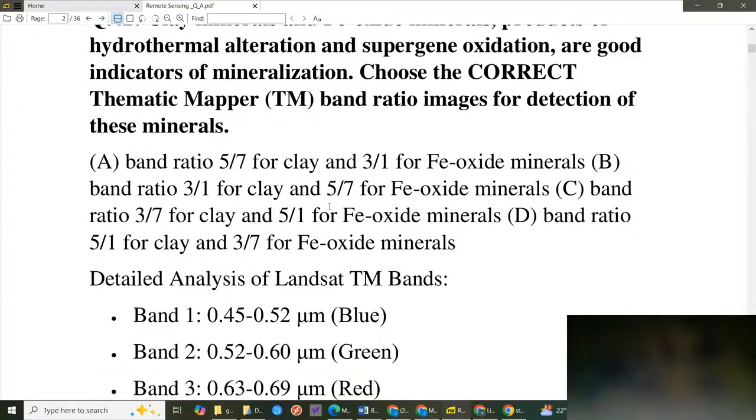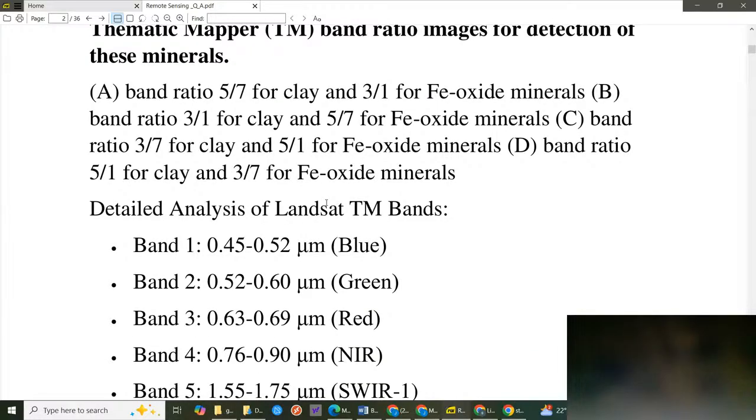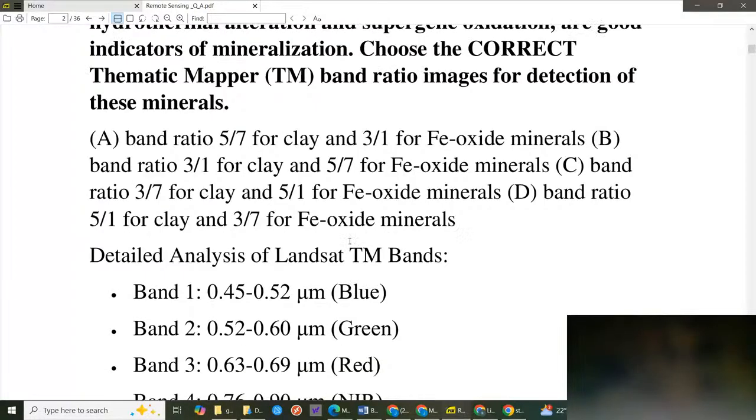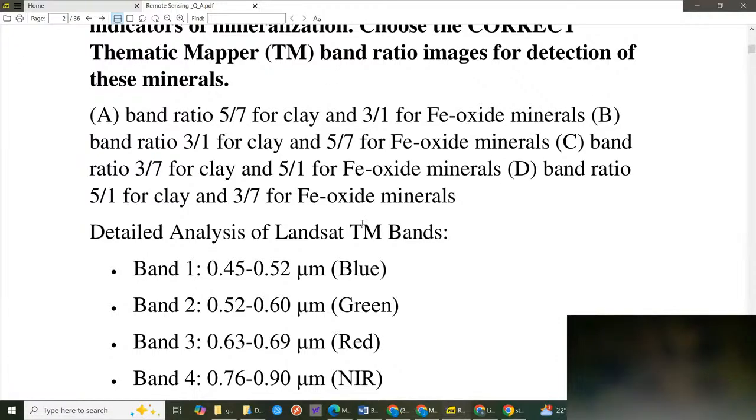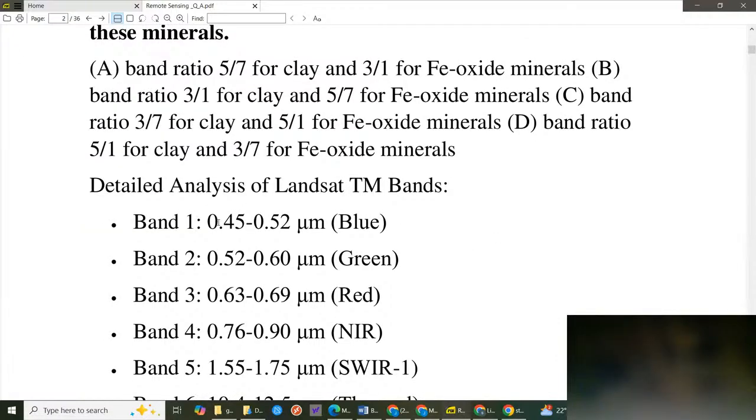We will see the detailed analysis of the Landsat Thematic Mapper bands and try to solve these options. The first band has an electromagnetic range of 0.45 to 0.52 micrometer, and that is blue. Band 2 is 0.5 to 0.6 micrometer, that is green. Band 3 is 0.63 to 0.69 micrometer, that is red.